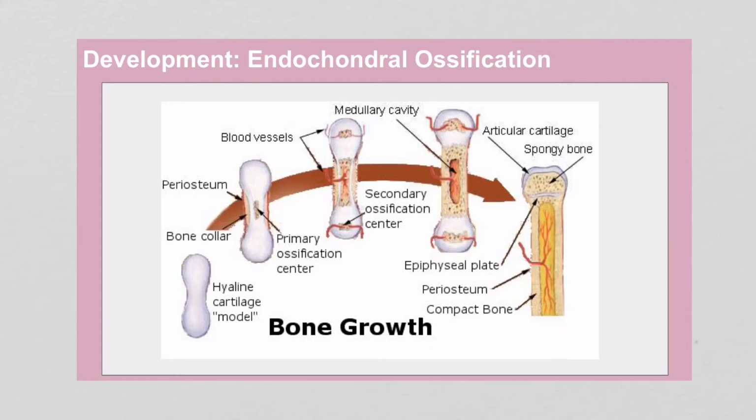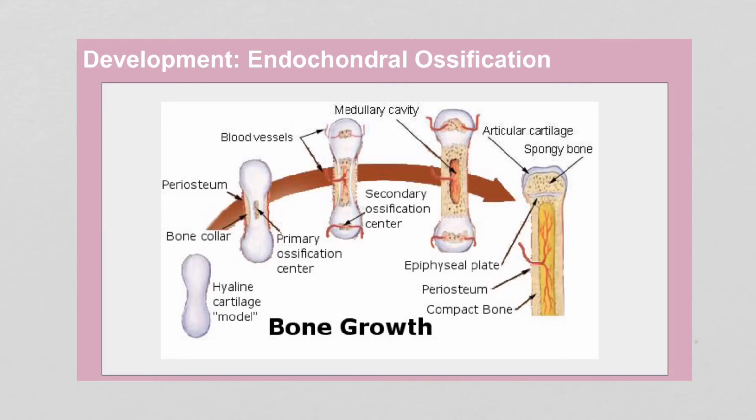That hyaline cartilage model is going to be covered by perichondrium, which is the connective tissue that covers cartilage. And again, we'll have hyaline cartilage in the center. In a couple of weeks, that perichondrium is going to turn into periosteum. So again, periosteum is the connective tissue that covers bone.